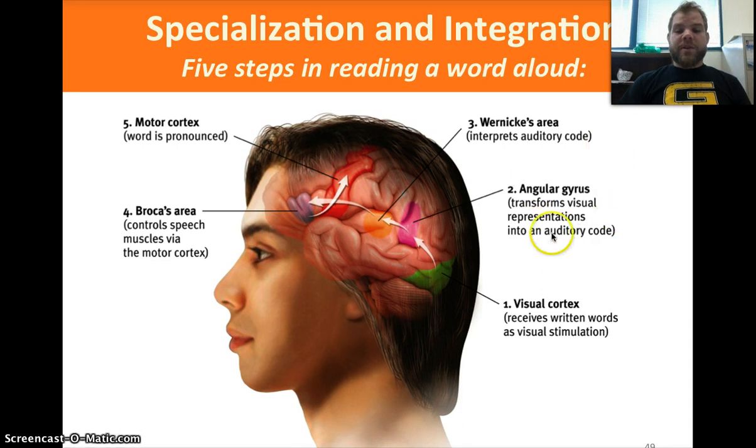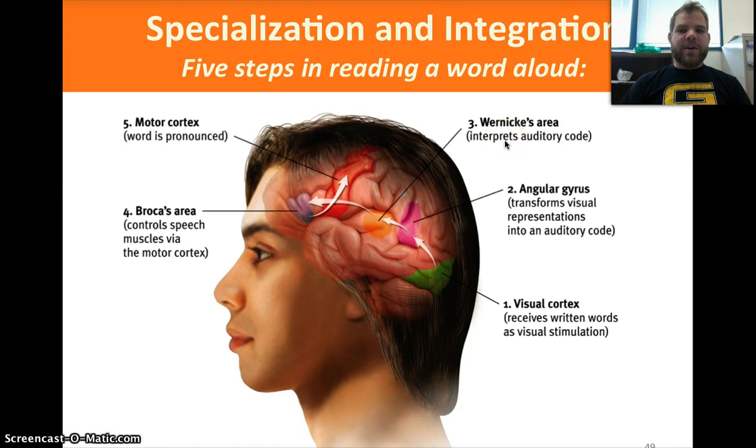After it's turned into an auditory code, Wernicke's area interprets the auditory code. So we're describing the process of reading. Broca's area then controls the speech muscles via the motor cortex, which is the fifth step. So after we interpret the auditory code in our Wernicke's area, which is in our left temporal lobe, Broca's area, which is in our frontal lobe, controls the speech via the motor cortex.